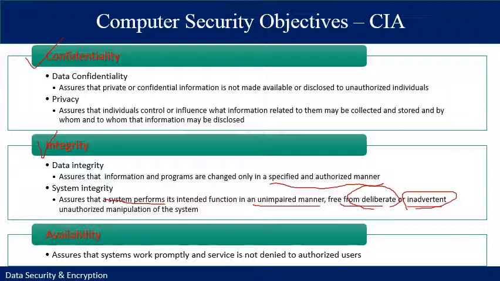Availability assures that the system works promptly and the service is not denied to authorized users. This is a small concept, however, it covers a large part of computer network security. So availability states that your system must always be available to the authorized user.